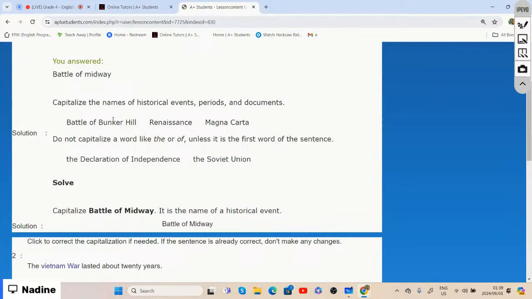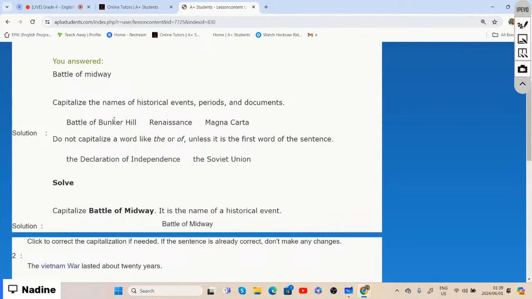And do not capitalize words like the or of, right? Remember, we said articles as well as prepositions we do not capitalize, unless it is the first word of a sentence. For example, also the Declaration of Independence, right?